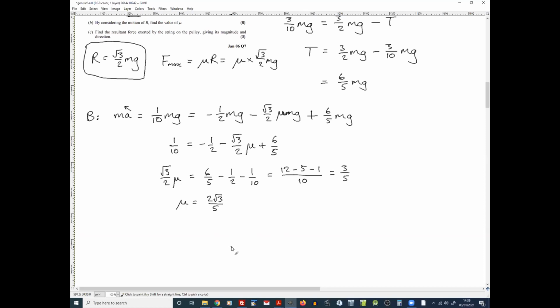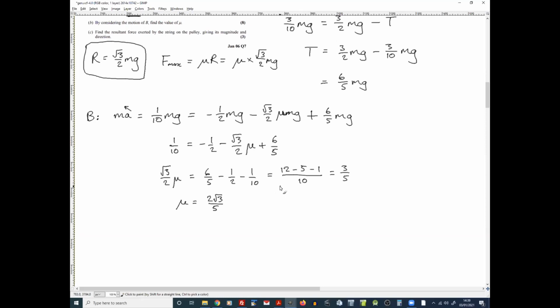So what was the moral of this mechanics lesson? Remember that force of motion is mass times acceleration, equal to the resultant of all the forces, and don't forget about tension.